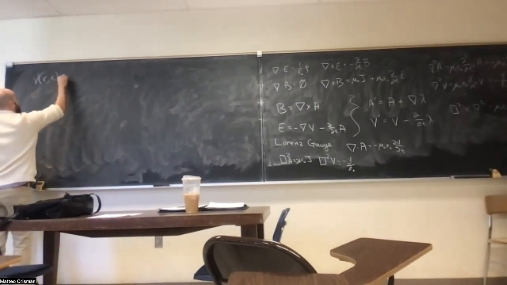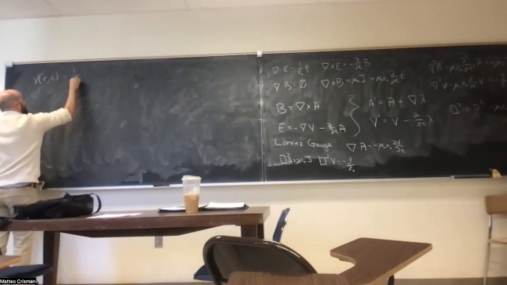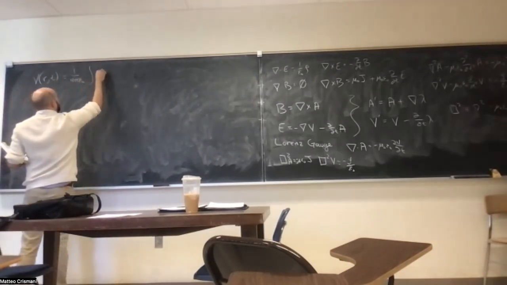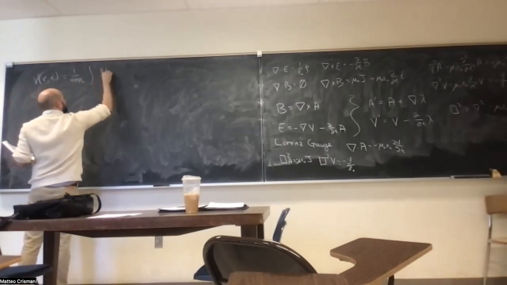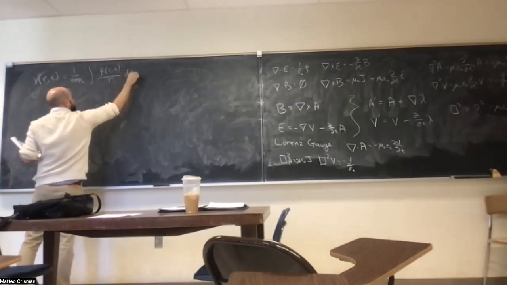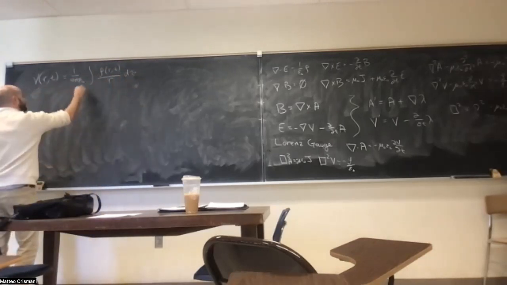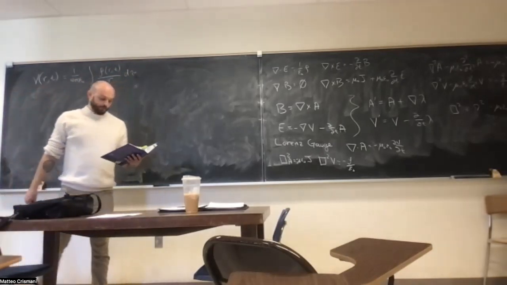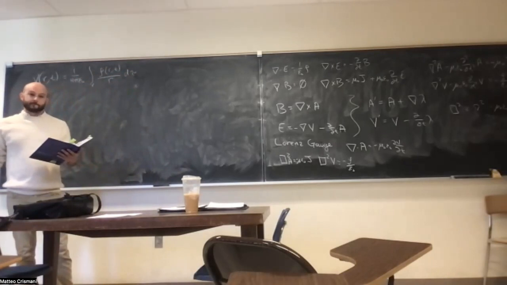So I might say something like this: 1 over 4 pi epsilon naught, the integral of rho of r' and t over the separation. Reasonable?